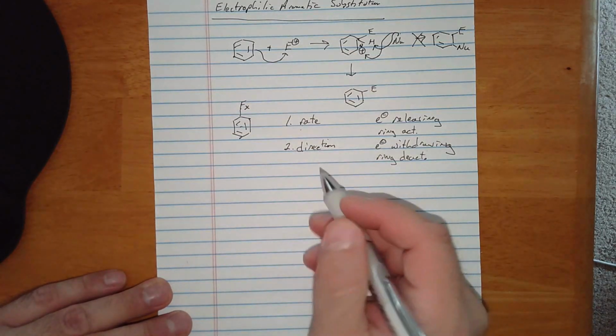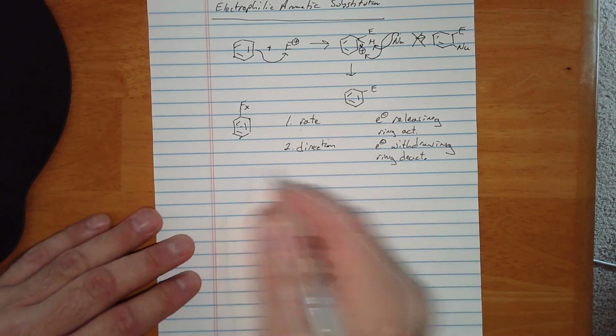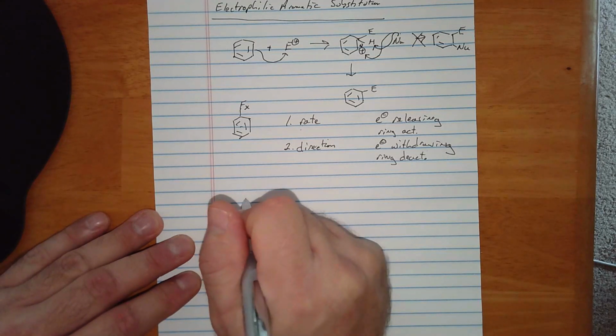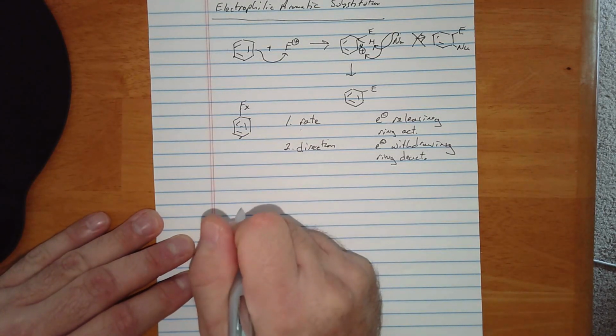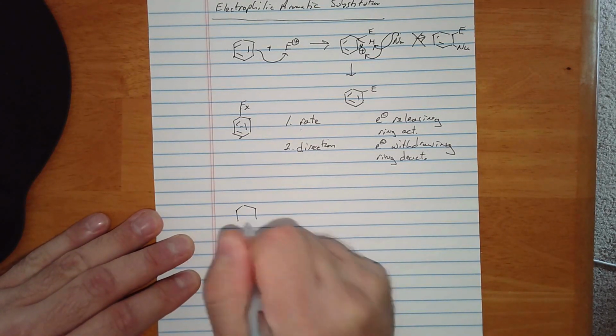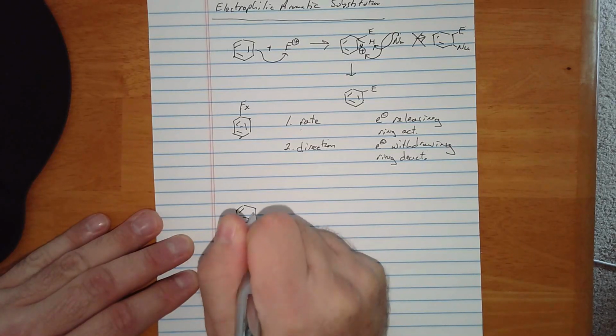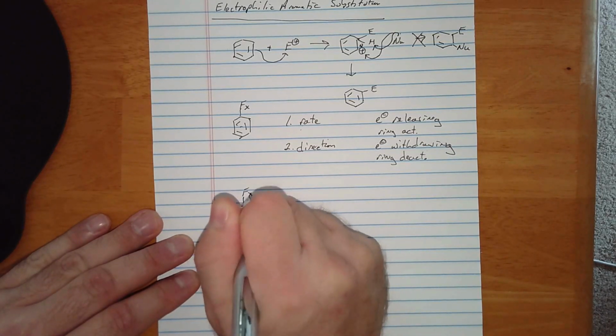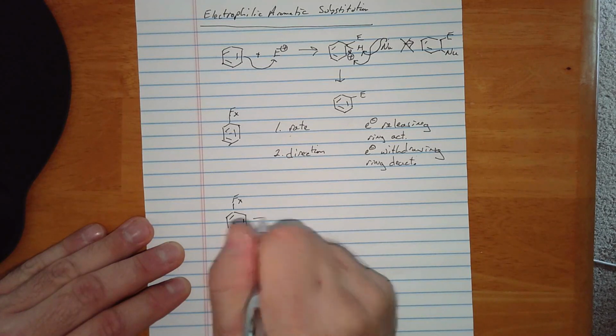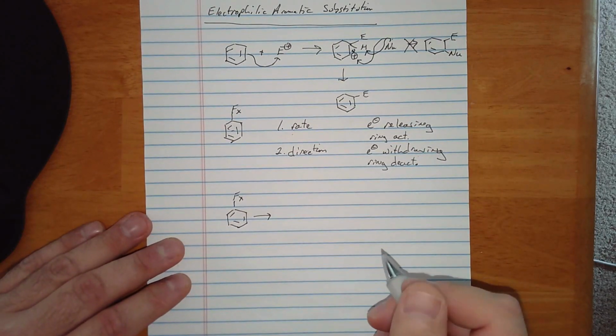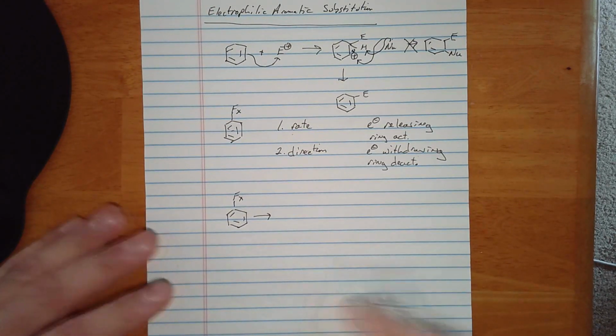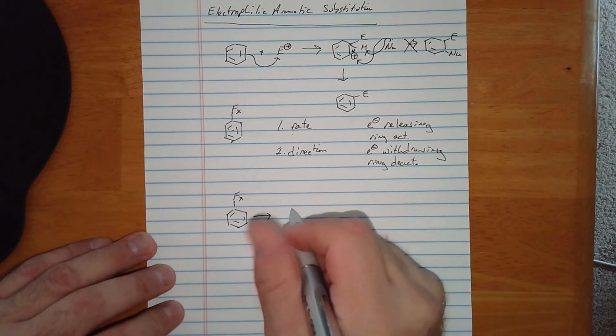Now let's talk about the second one, and that's direction or position. So if we have our substituted benzene ring, and we do the reaction, there are three possible products that can form, and we're only talking about monosubstitution here.